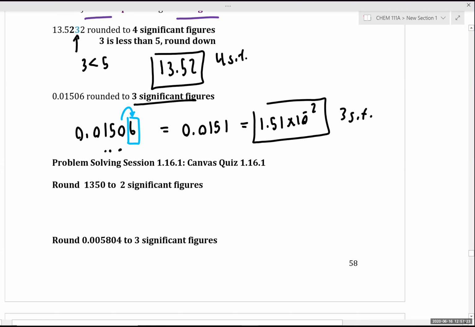And trailing zeros with no decimal are not significant, correct? Yep, exactly. They're not significant.